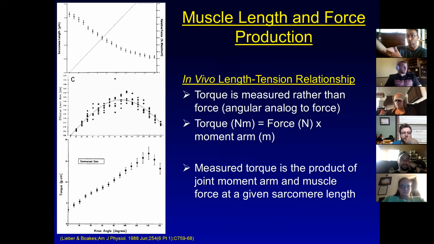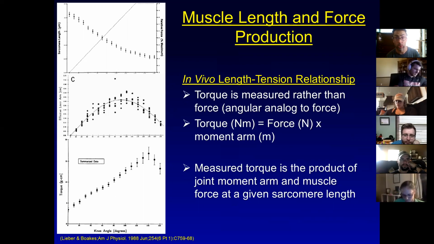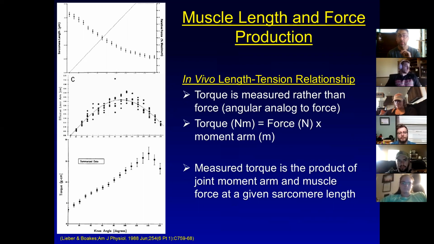There's a rotational component around our joint. The force analog for a rotational movement is something called torque, and torque is equal to the force produced by your muscle, multiplied by the moment arm at the joint about which the movement is occurring.